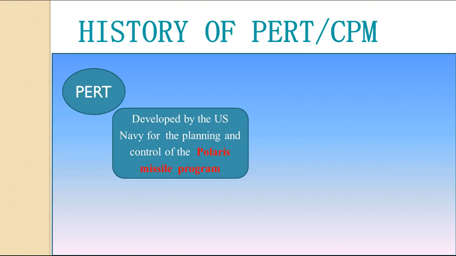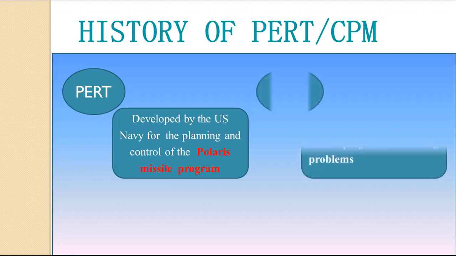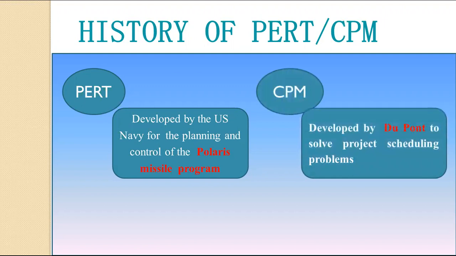While PERT was introduced in the Navy, the private sector simultaneously gave rise to a similar method called the Critical Path Method, CPM, which was developed by DuPont to solve project scheduling problems.